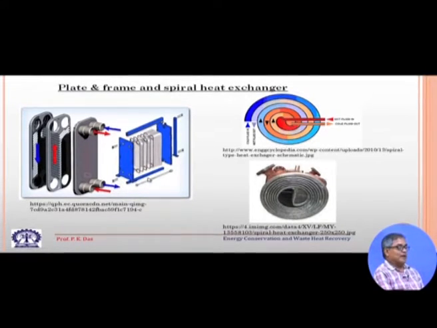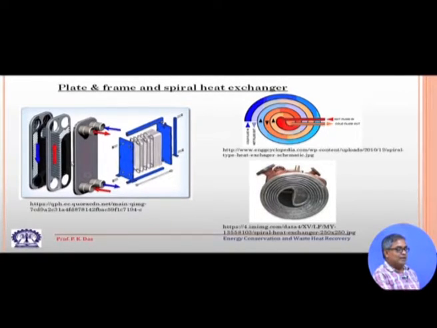Then we go to the plate and frame heat exchanger. These kinds of heat exchangers are more common compared to the spiral plate heat exchanger. In a plate and frame heat exchanger, there are a number of plates. These are thin metallic plates, and these plates are not plain.